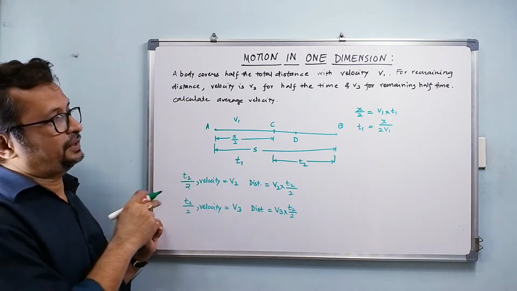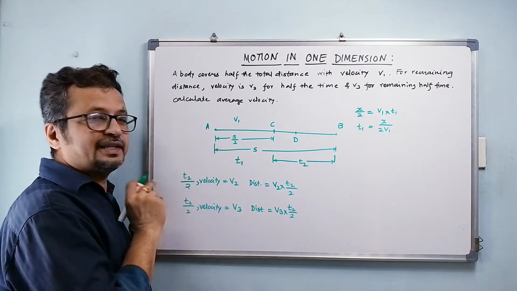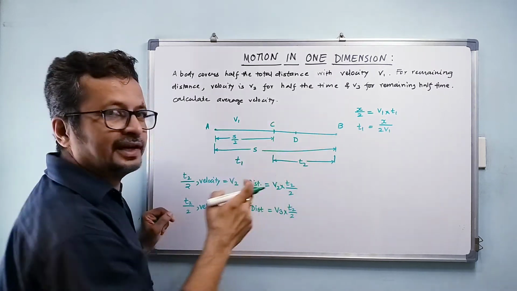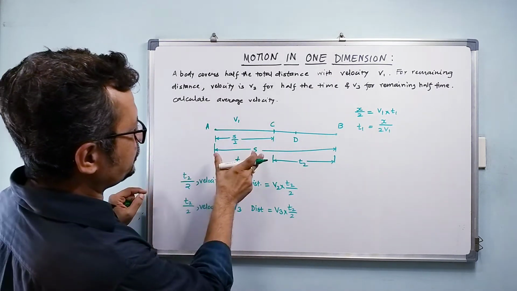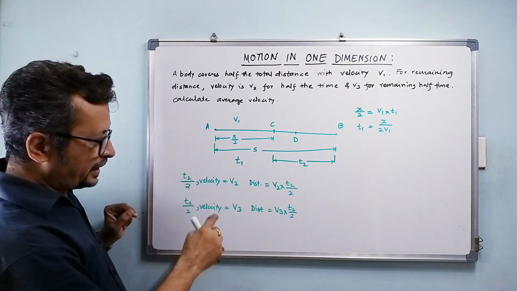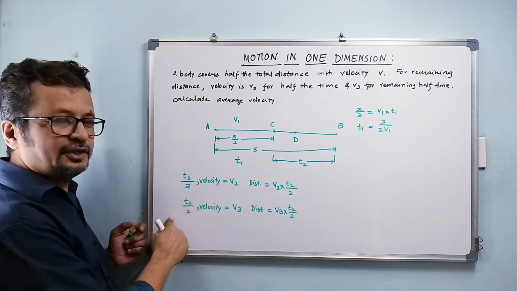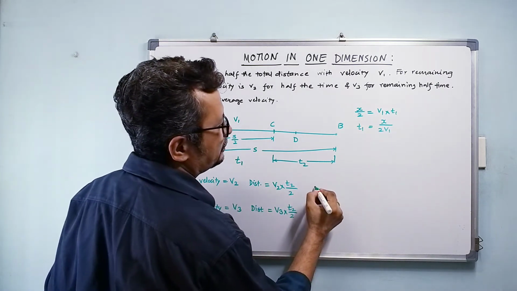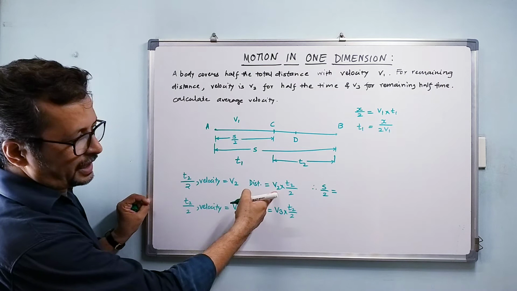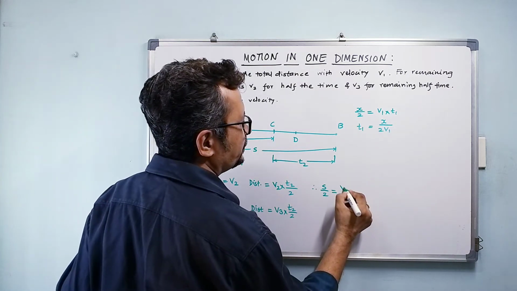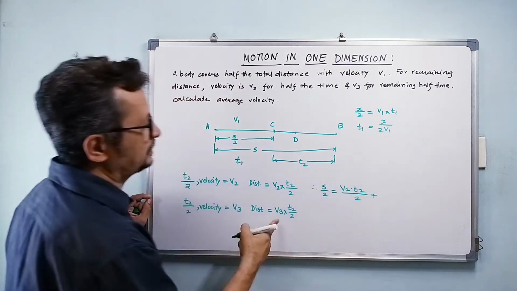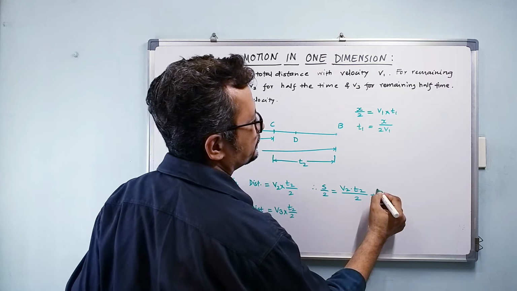Now see carefully. AB is my total distance and that is equal to S. A to C is half the distance, so obviously C to B is again half the distance, right? So if A to C is S by 2, then C to B is also S by 2. Therefore S by 2 is equal to, adding these two, v2 t2 upon 2 plus v3 t2 upon 2.